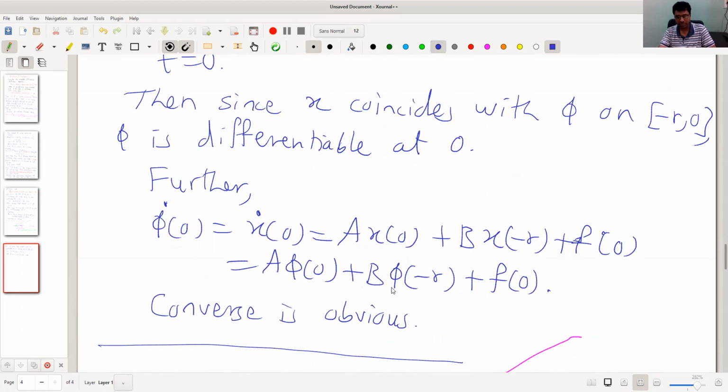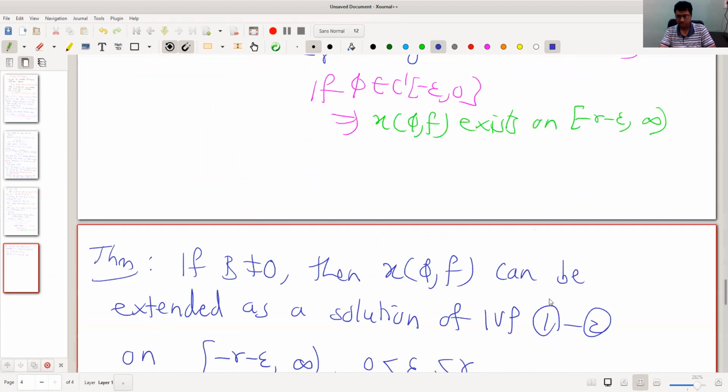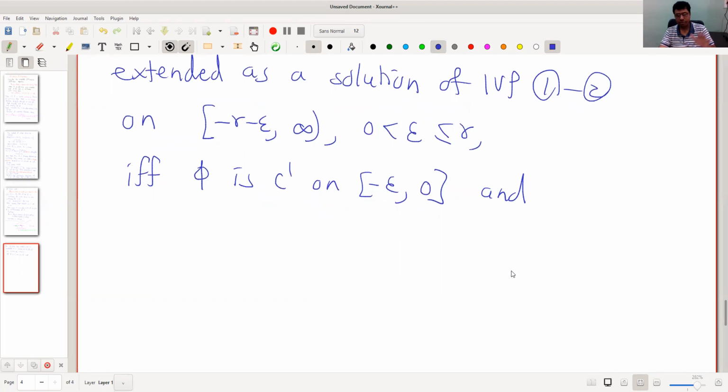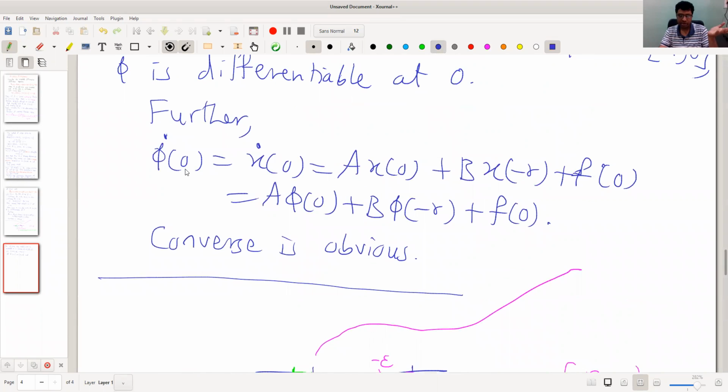That means phi satisfies this problem at t equal to 0. Okay, phi dot of 0 equal to a phi of 0 plus b phi of minus r plus f of 0. This condition should be there. Okay, if we want to extend it further, then we may need more conditions, like phi double dot of 0 satisfying certain conditions, like a into phi dot of 0 plus b into phi dot of minus r plus f dot of 0.